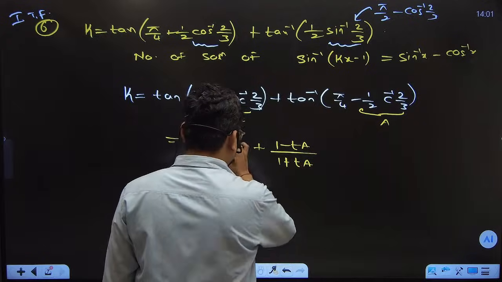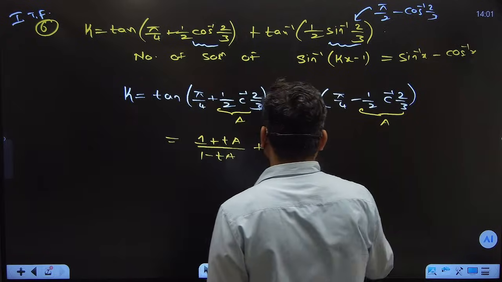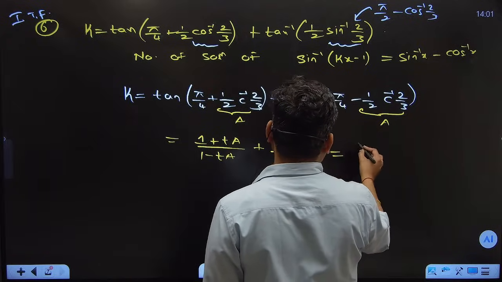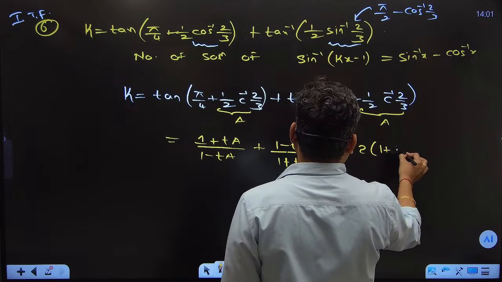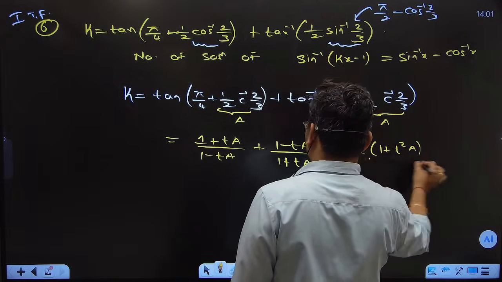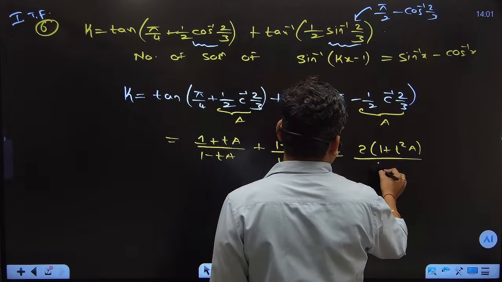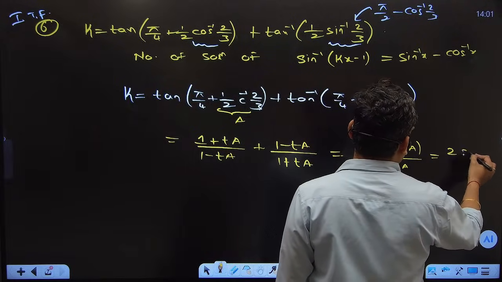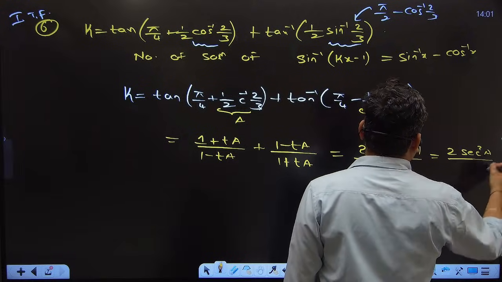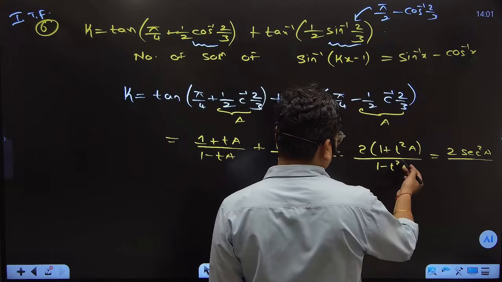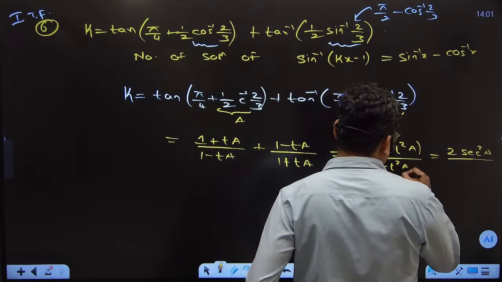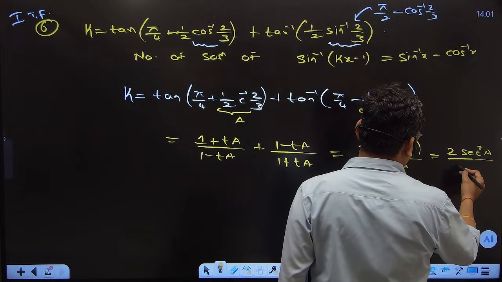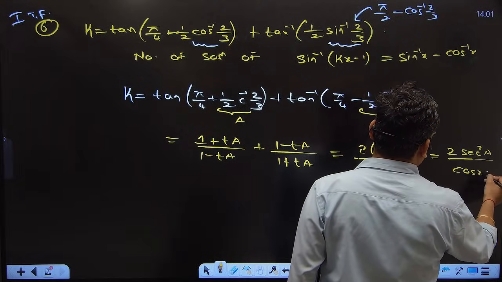If I'm trying to simplify it, you'll be getting 2 times (1 plus tan square A) by (1 minus tan square A), right? So 2 times (1 plus tan square A) is 2 times secant square A, divided by, if I simplify it a bit further, tan square is sin square A by cos square A, so cos square A minus sin square A is cos 2A.